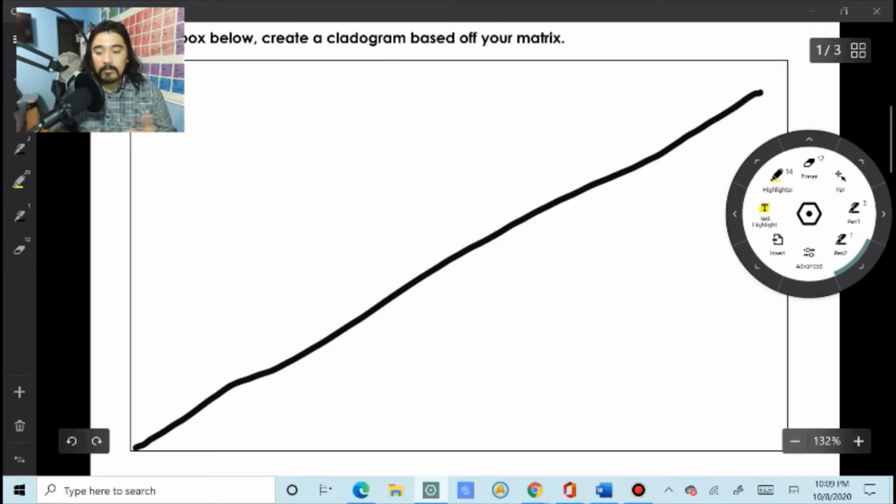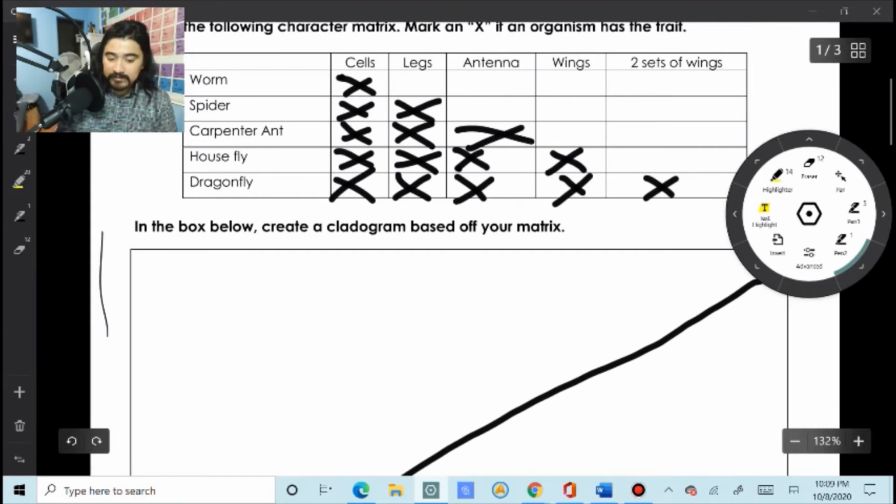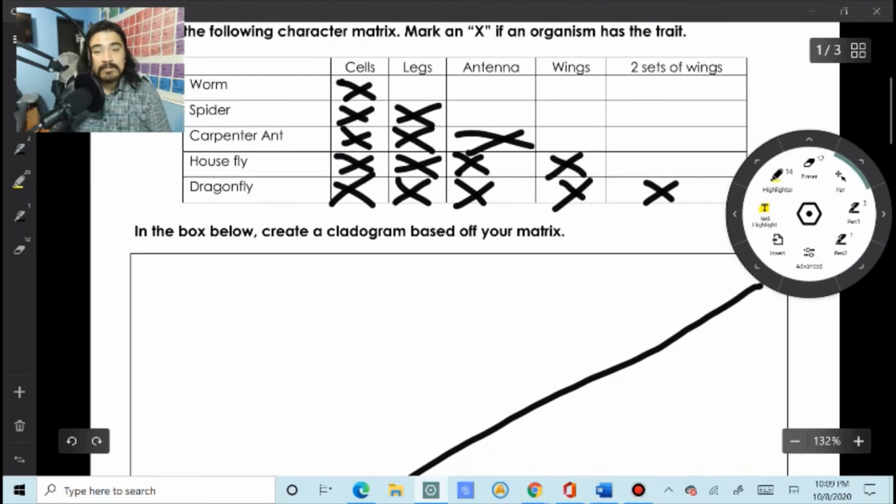All right, so now we're actually going to include our organisms into this tree. Based on our characteristics, we have to figure out which one occurred first. Which characteristic do we know occurred first? Cells. Cells are the first things that showed up. How do you know this?